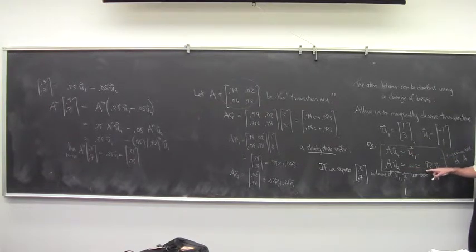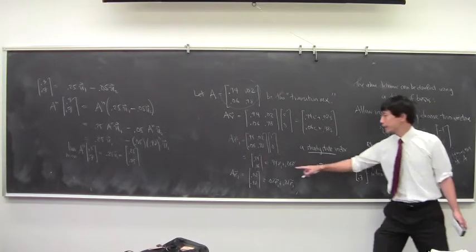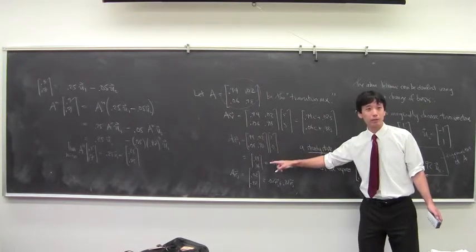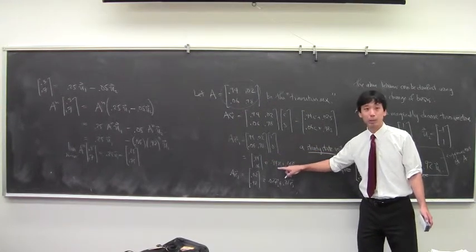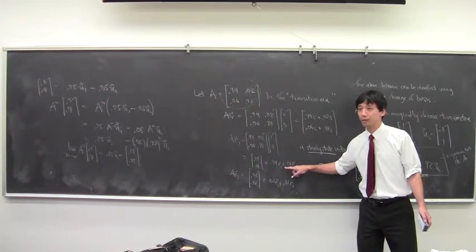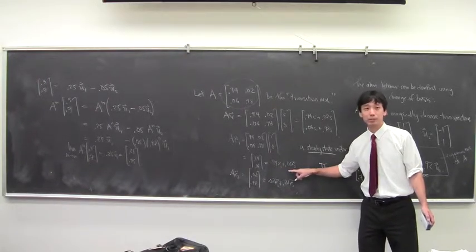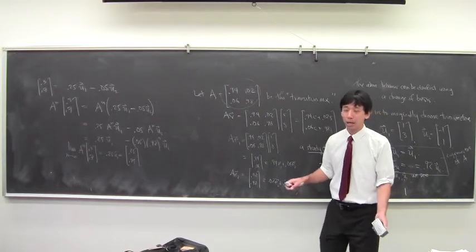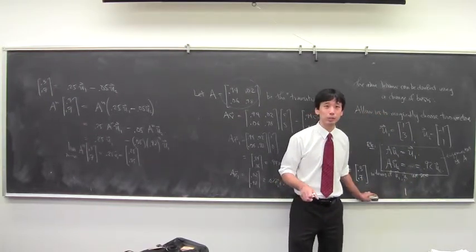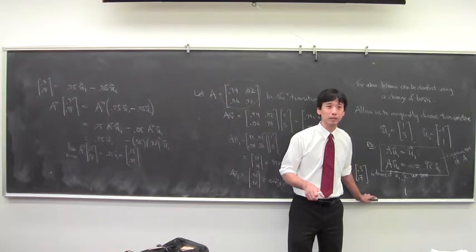This guy is also pretty nice, the only thing is it gets shrunken by A. These guys, E1 and E2, are not eigenvectors of A. When you hit E1, you don't get some multiple of E1, you get some combination of E1 and E2. Similarly for E2. So the moral is, it might be a good idea to switch over to a basis consisting of eigenvectors.